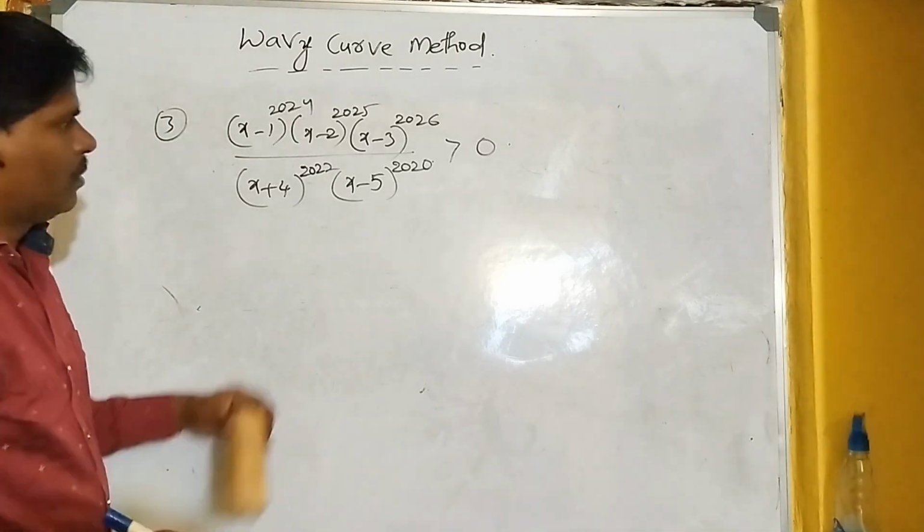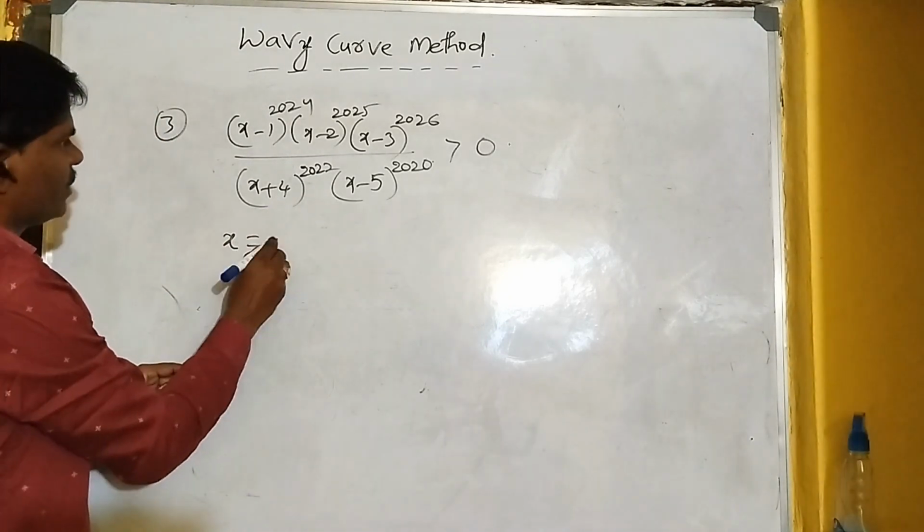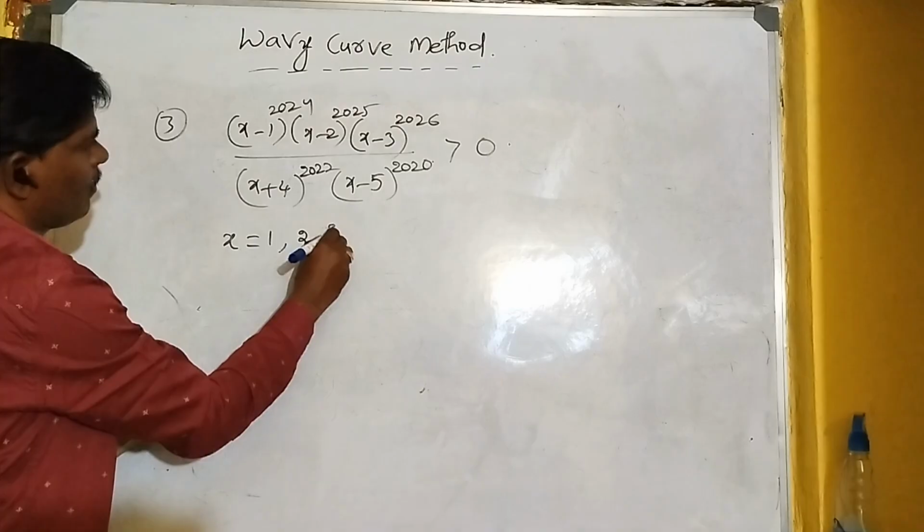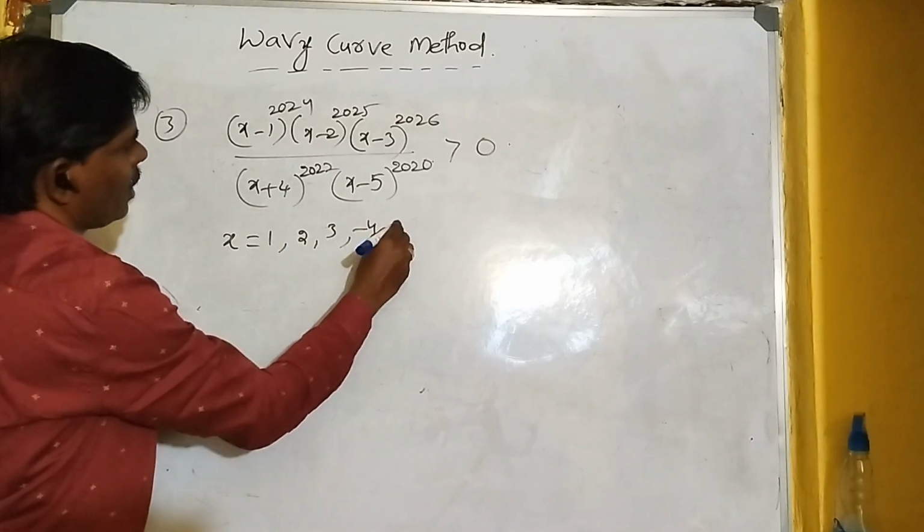What is the answer? What are the x values? x is equal to 1, 2, 3, minus 4, 5.